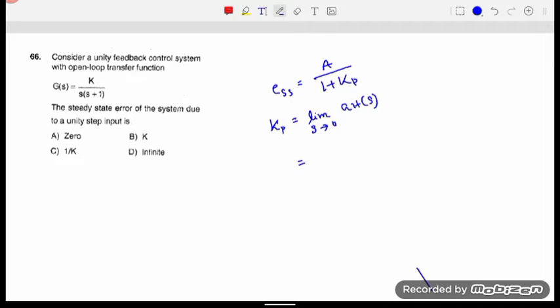In the question G(s) is given and it is a unity feedback system, that is H(s) equal to 1.